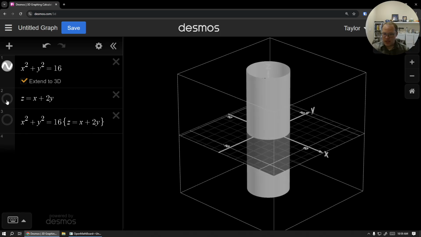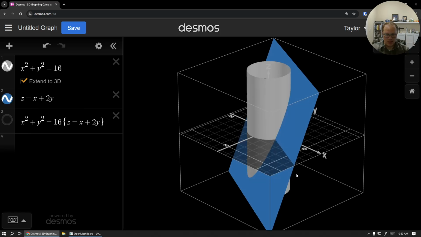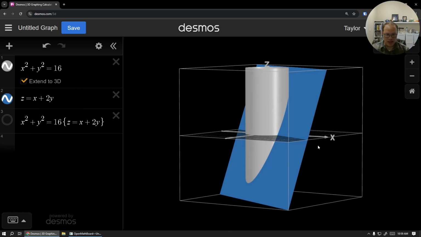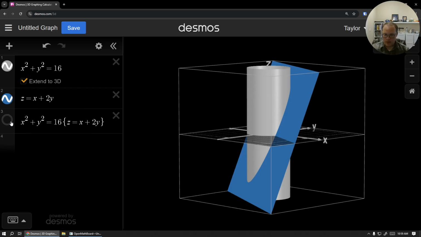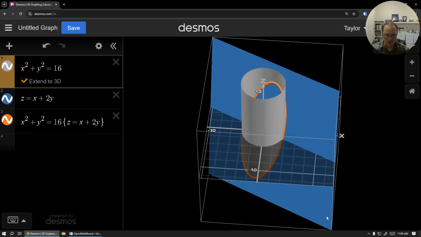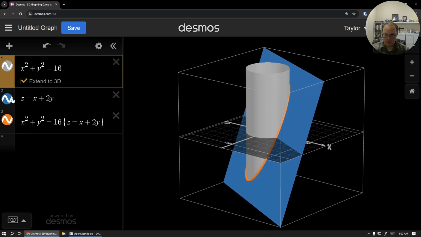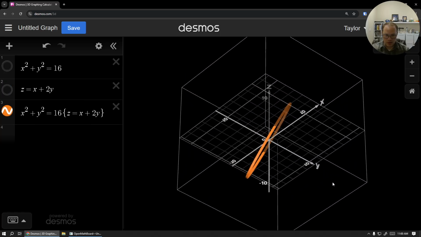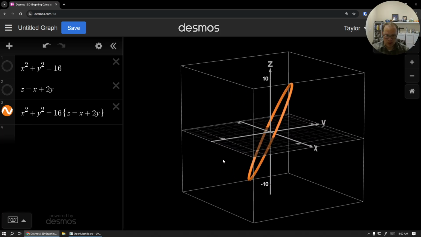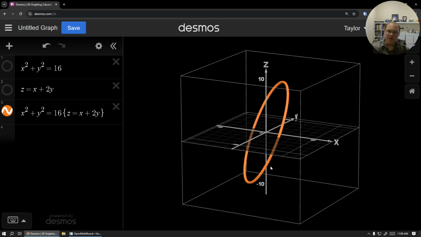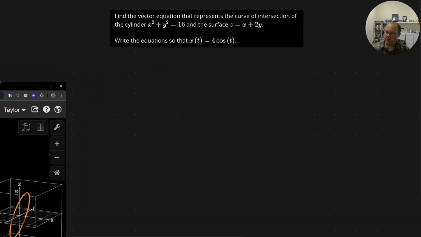And z equals x plus 2y, that's going to be a plane. And so we want the intersection of the cylinder and the plane. And we get this kind of elliptical shape. Okay? So we want a vector valued function that can describe us traversing this curve.